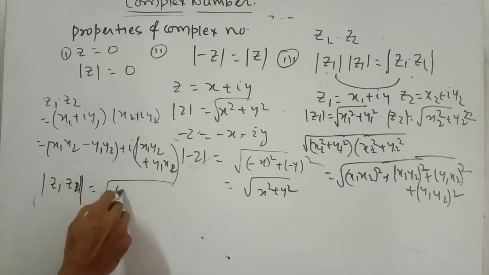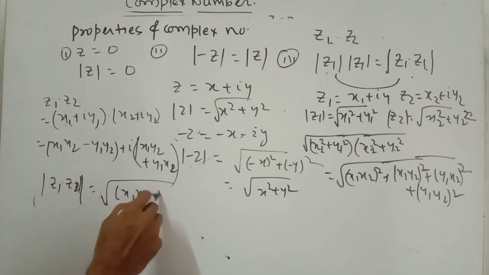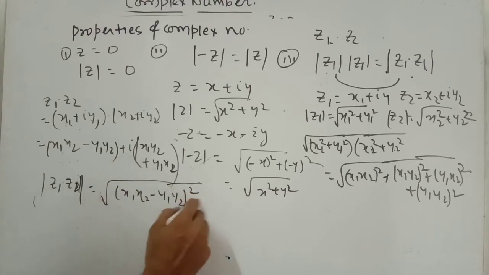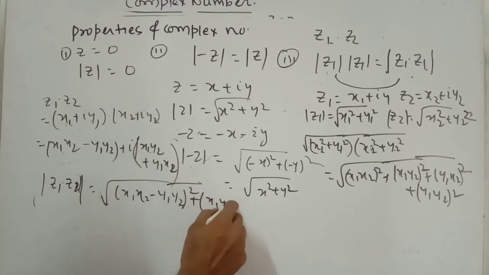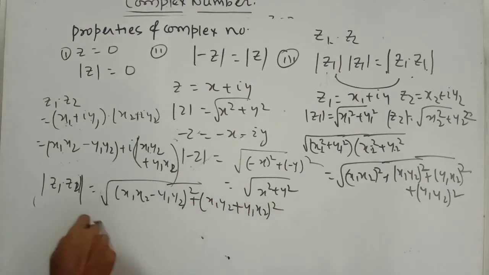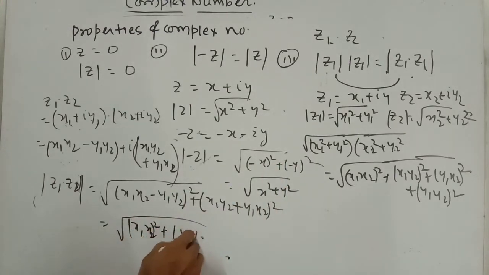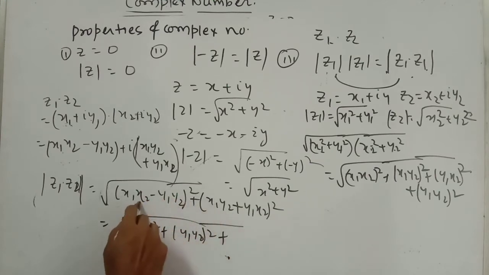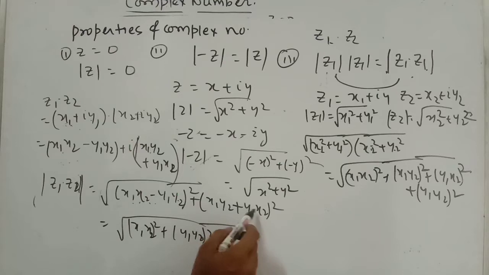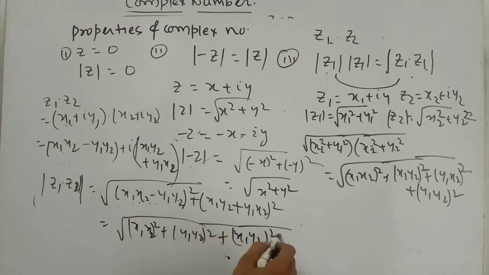So you can write (x1 x2 minus y1 y2) whole square plus the imaginary part (x1 y2 plus y1 x2) whole square. After expanding, it will become x1 x2 whole square plus y1 y2 whole square, minus 2 x1 x2 y1 y2, and again plus 2 x1 x2 y1 y2, which cancel out. So it will become x1 y2 whole square plus y1 x2 whole square. So it becomes the same.